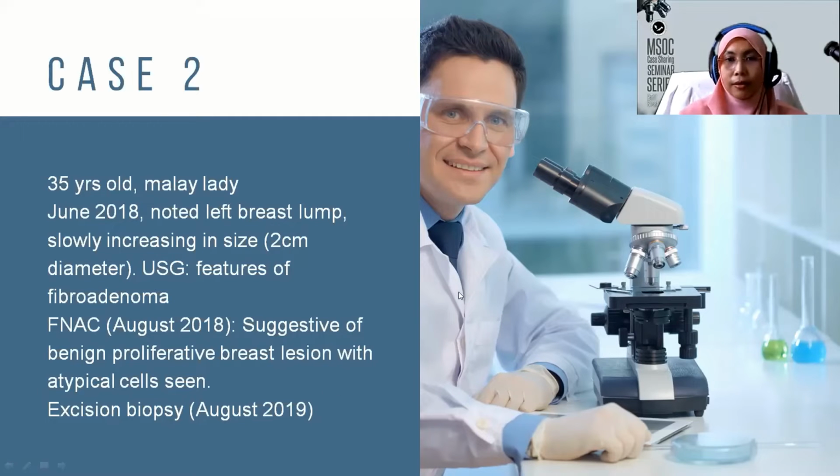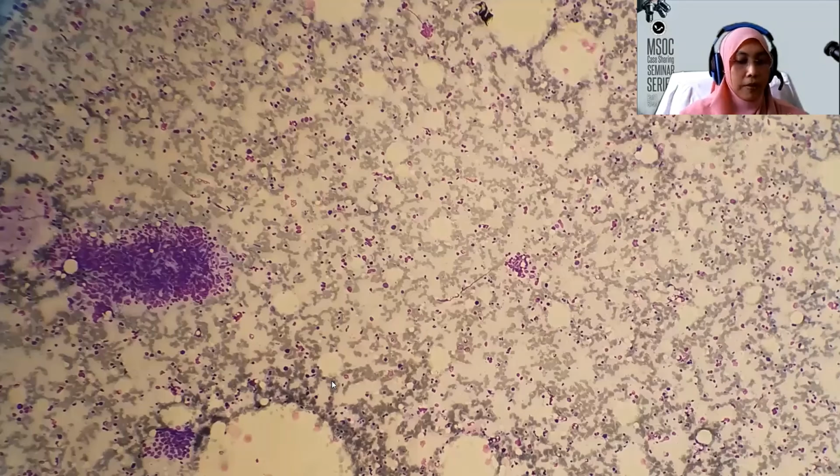Most likely the patient defaulted, and then because of the lesion getting larger, she went back to the hospital for further management. So these are the smears. It's low to moderate cellularity. Here we can see aggregates of cells.